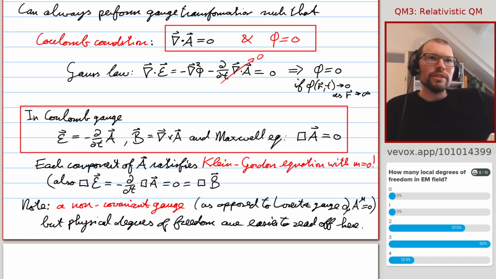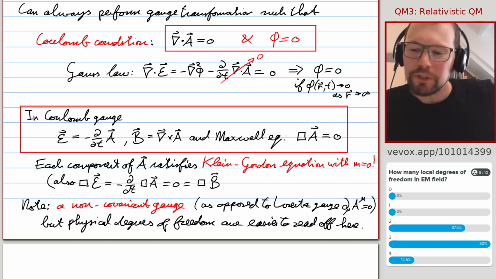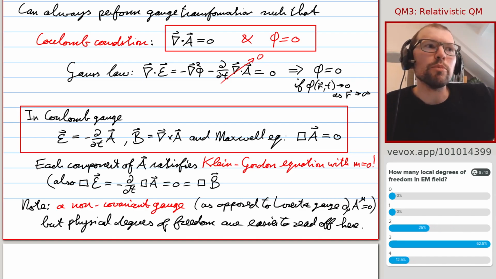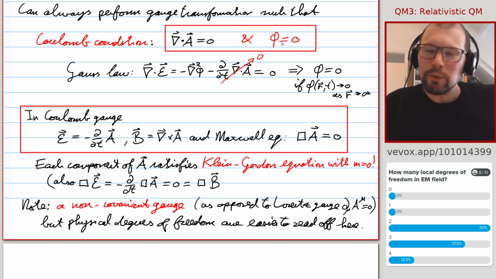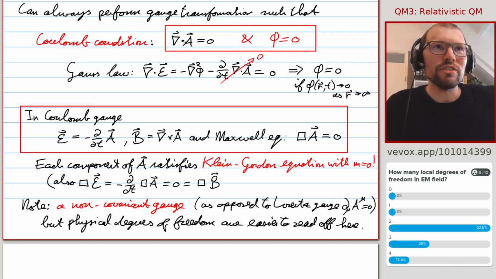But what is the real number of parameters that I can tune per space-time point? Well, we already said that we can put phi equal to 0, right? So we only have the 3 components of the vector potential. So 4 is certainly too much. But we also have the divergence condition, so that's one extra condition.